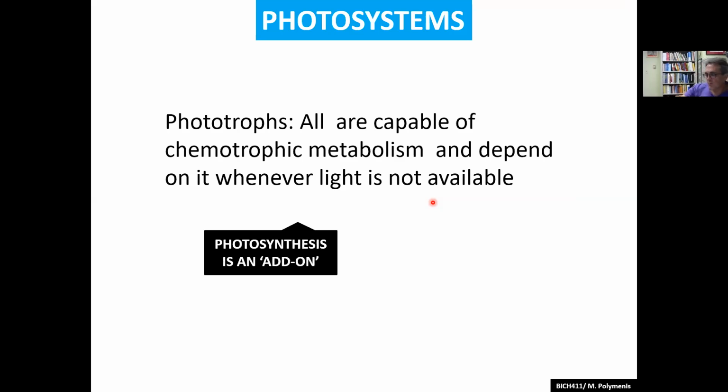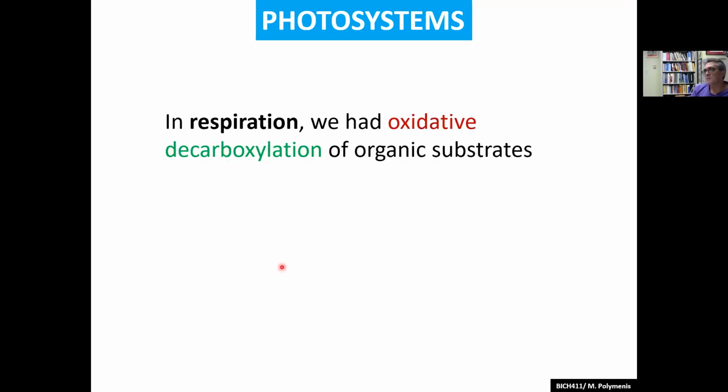But for almost everything else, the ones that do photosynthesis, for example, they can do all the chemotrophic metabolism, everything we have discussed up to this point, which suggests that photosynthesis was an add-on. And the way to see photosynthesis is really the reverse of respiration that we just discussed.